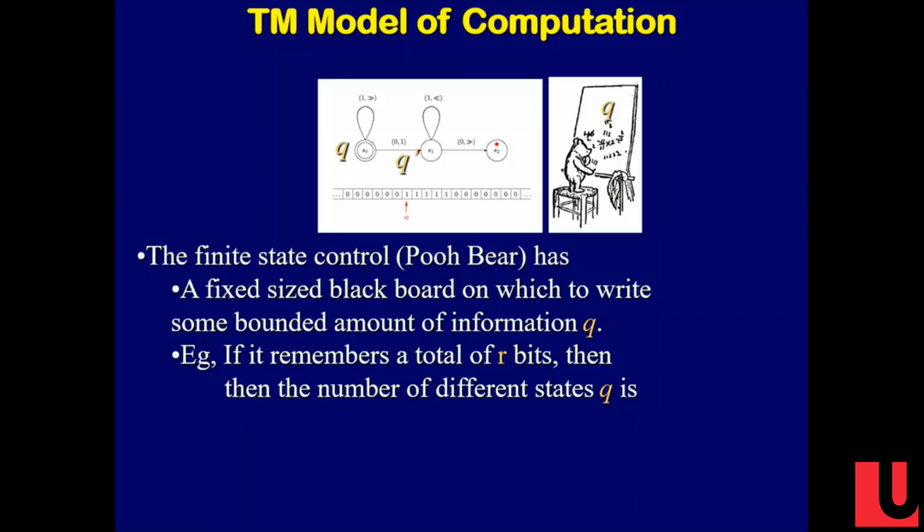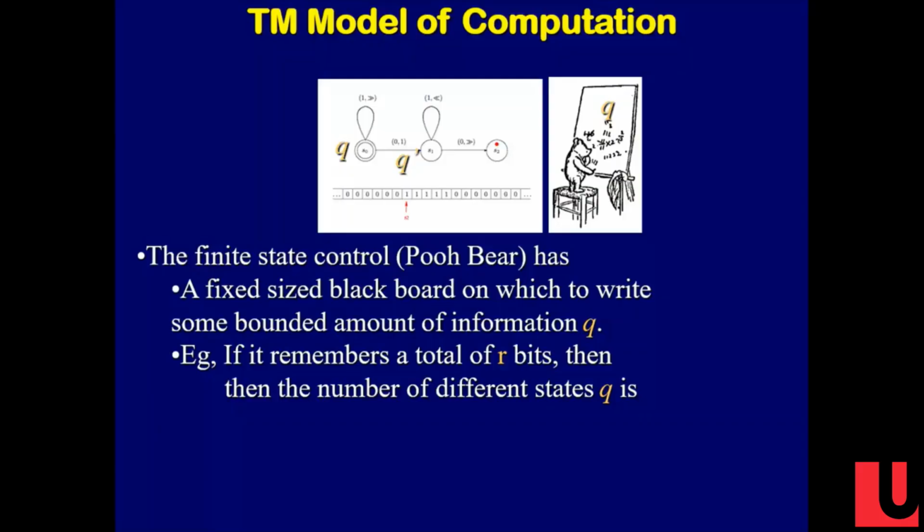All right, so now suppose on my blackboard I can store 4 bits. How many different things could be written on there? I could store 0000, or 0001. How many different things could I store there? 16.